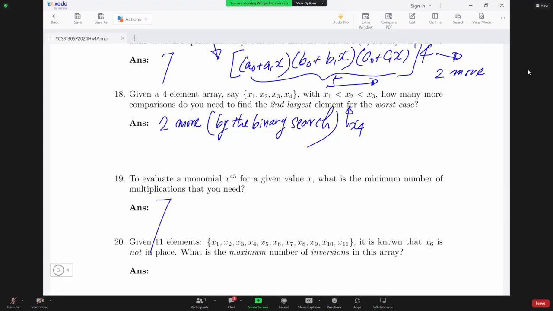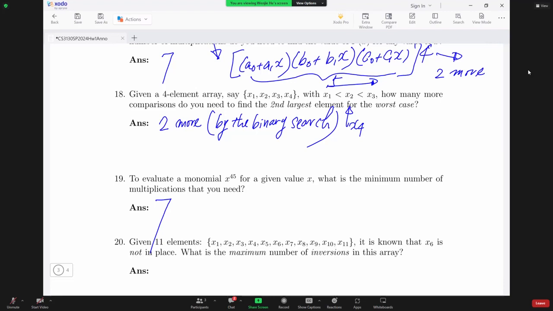The reason is I noticed quite some students give 8 because they apply repeated squaring. Here, 45 is a multiple of 3. You have many multiple of 3 structure. Why don't you use more repeated cubing?